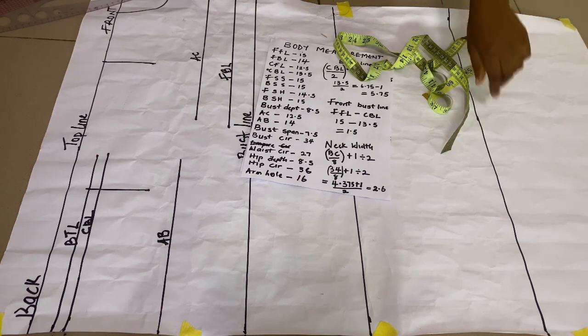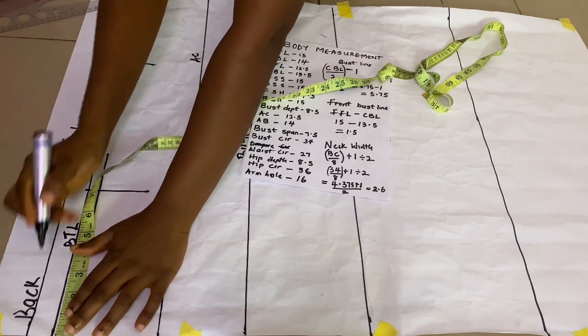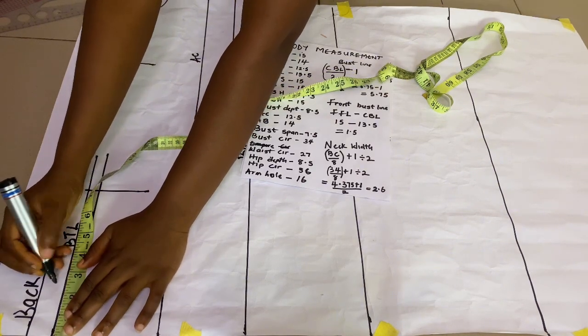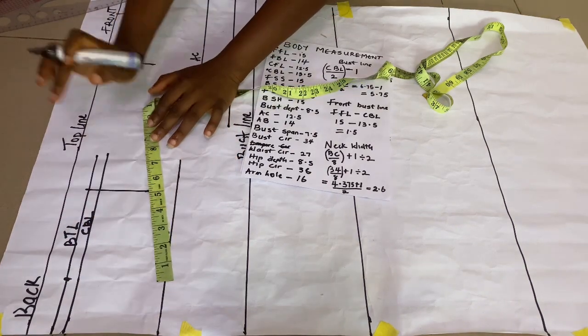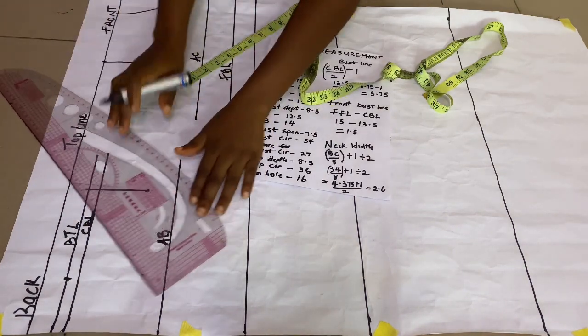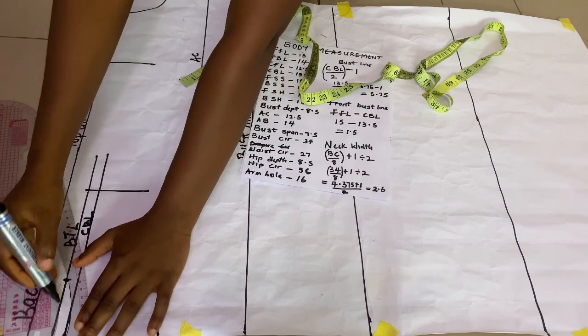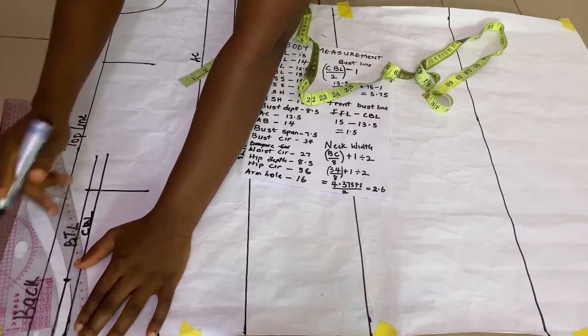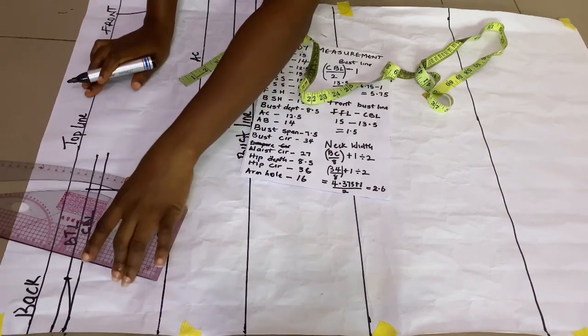While for the back, I will mark 2.6 on this back top line, and this center back line will be the neck depth for the back. So I'll connect the line also. I'll connect it from this neck width to the neck depth, which is the center back length, and that's the neck width for the back.